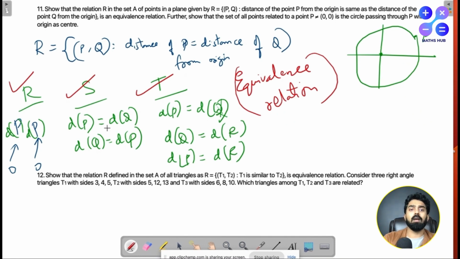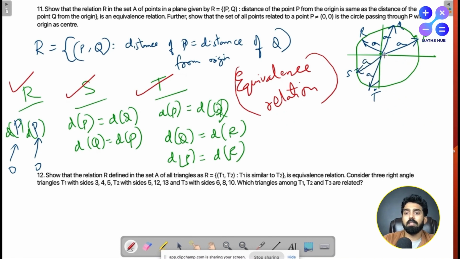So if you have a point Q, which is at the same distance as point P, the distance is A. If another point is the same distance A, every point in this set is at the same distance from the origin as P, right? So if the distance of P from the origin is A, every other point Q and R and S and T will be equal to A, right?